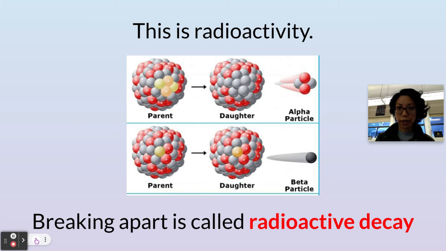And this is what radioactivity actually is, these pieces of the nucleus of an atom breaking off. Okay. And we call that radioactive decay because the nucleus is actually decaying into smaller pieces.